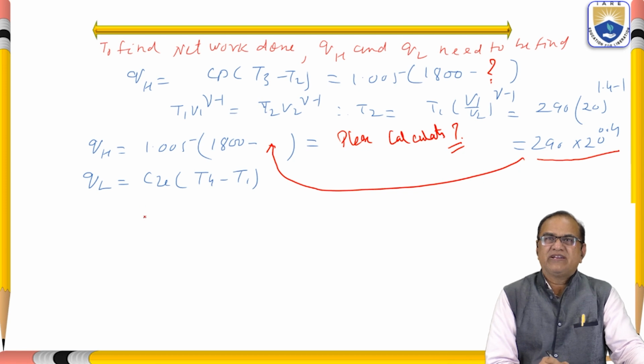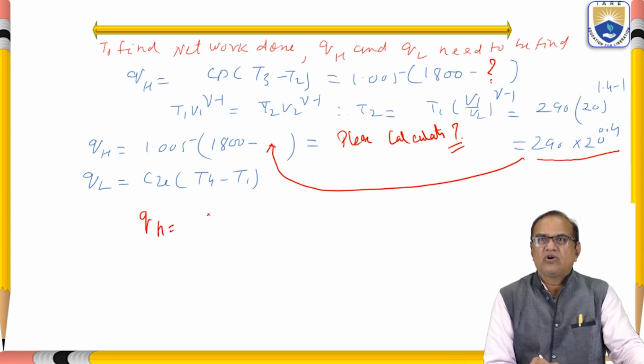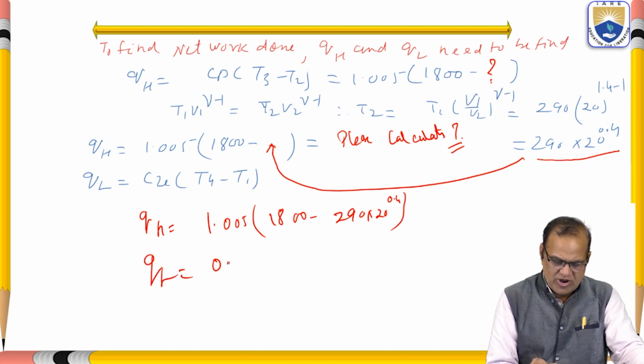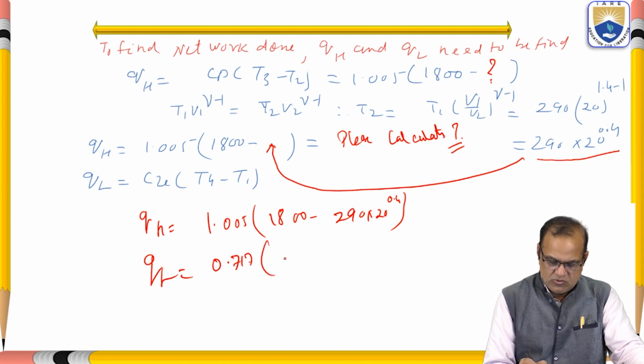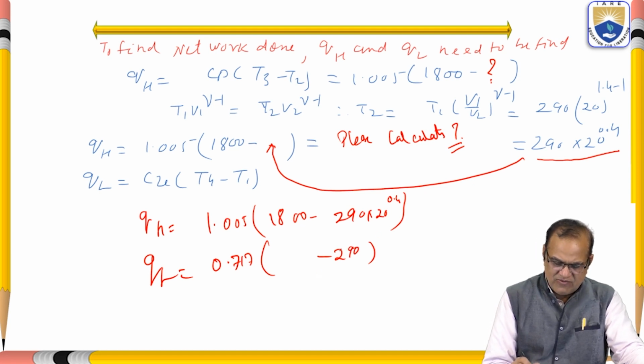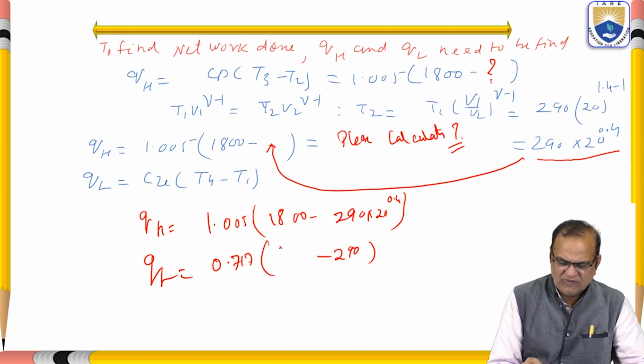So heat added QH is equal to 1.005 into 1800 minus 290 into 20 to the power 0.4, and QL is equal to 0.717 into T4 minus 290 Kelvin, and here T4 we can find out with the help of the constant volume process by V1 and V2.